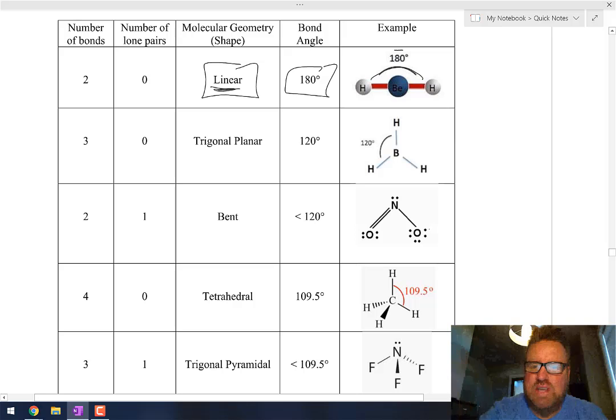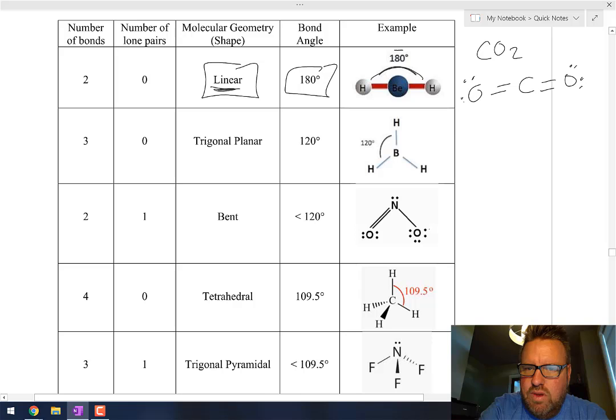Let's say, for example, I ask you to draw the CO2 molecule, and after drawing it, you get this right here. On the central atom, the carbon, how many bonds are there? There's 2 bonds. And how many non-bonding pairs, or lone pairs, are on the carbon? We're not talking about these lone pairs. Those are lone pairs, but those are not on the central atom.